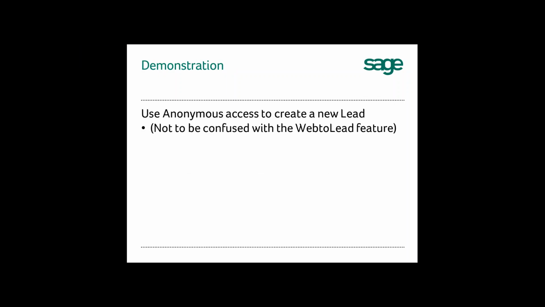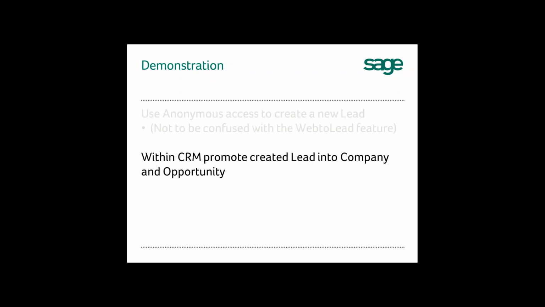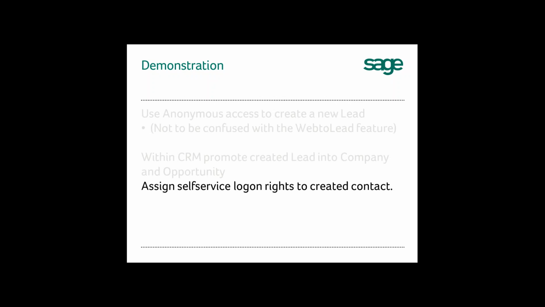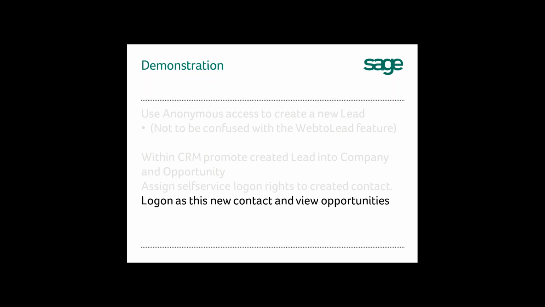We've looked at the idea that we can go ahead and create a new lead, not to be confused with the web to lead feature. That's something that is dealt with in lessons that are on the community for the main e-learning system. We can also look at promoting leads into a company and opportunity, ultimately then assigning self-service logons to the created contact, who then can do any of the work that they may want.